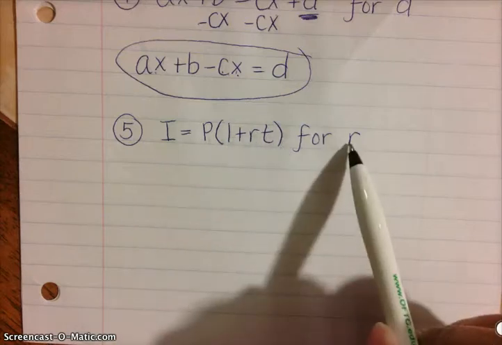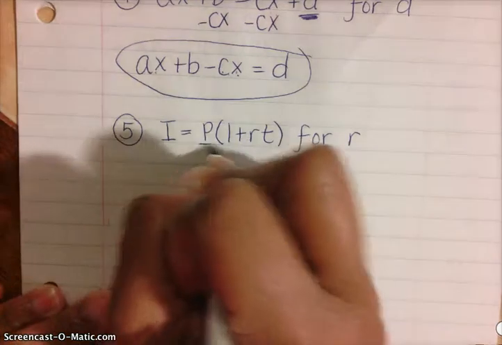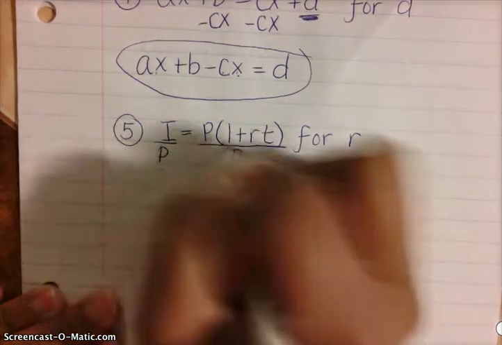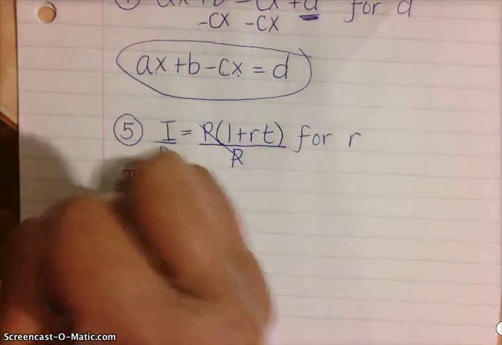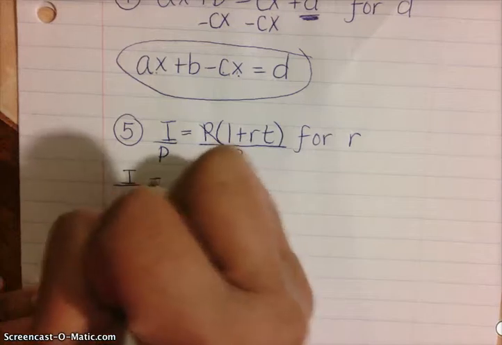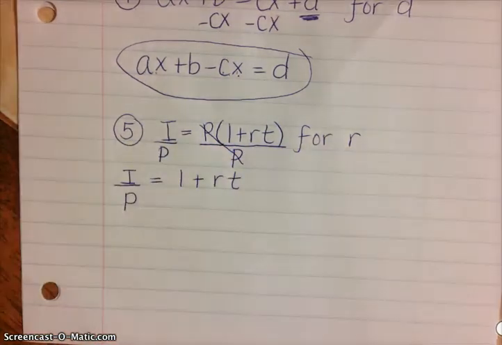Well, since we're solving for R, and R is trapped inside of the parentheses, I'm going to divide both sides by P first. These P's cancel. Then we have I divided by P equals 1 plus RT.